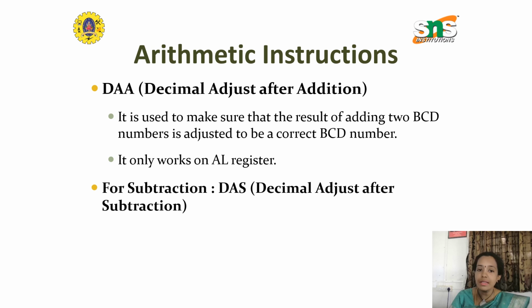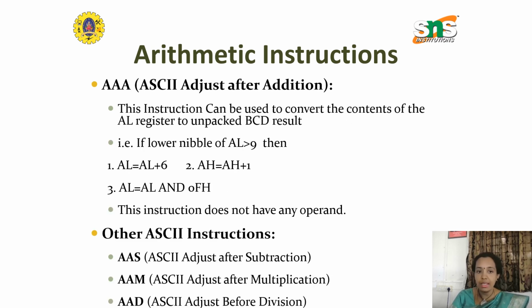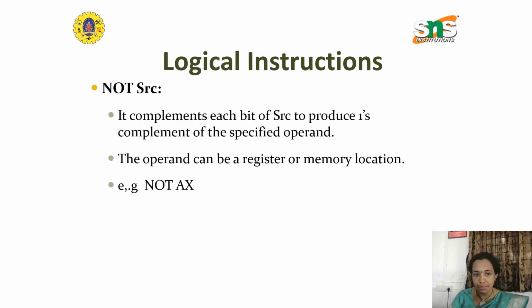DAA is decimal adjust after addition, which deals with BCD. It makes sure that the result of adding two BCD numbers is adjusted to be a correct BCD number. AAA is adjust after addition, and there are also adjust after subtraction, adjust after multiplication, and adjust after division.